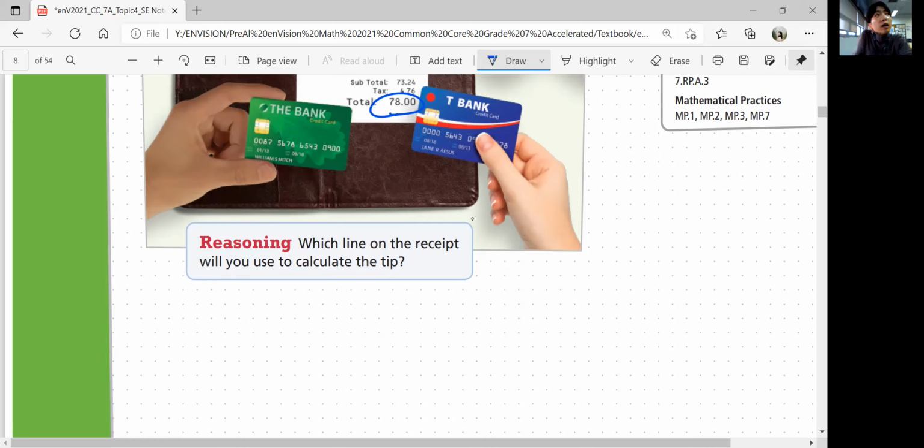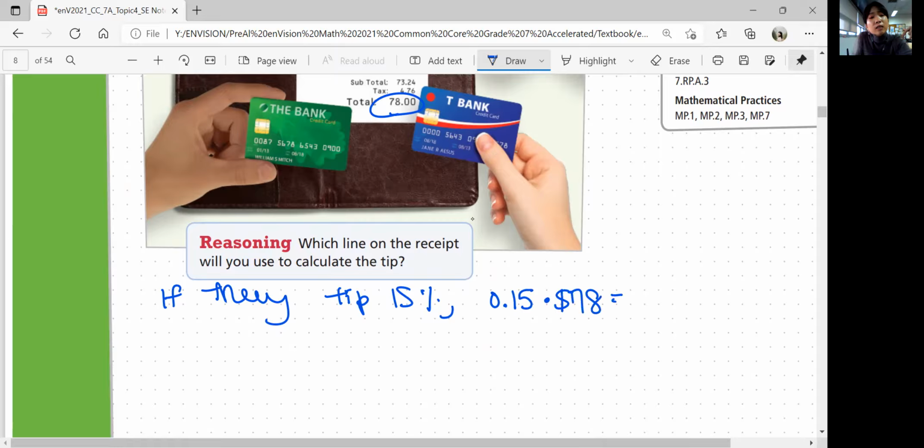$78. If they tip 15%, then you can multiply 0.15, which is the decimal of 15%, times $78, and that is 11.70.